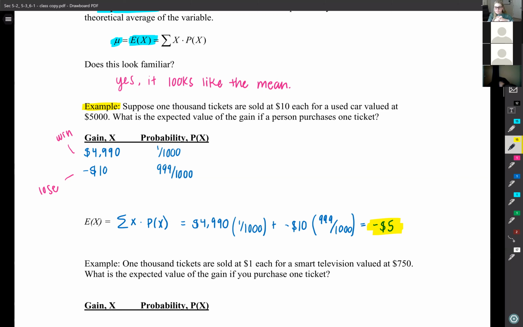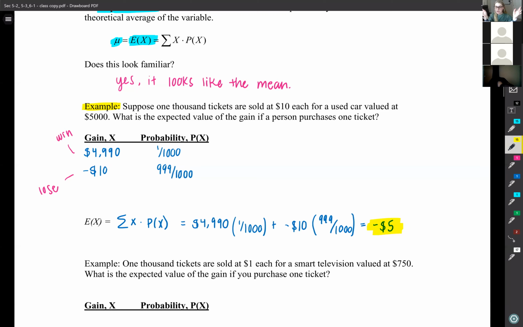Another way of looking at it, which is another way that the book says and which I think is helpful: if you purchased a ticket each week over a long time, your average loss would be about $5 a ticket. Because theoretically, on average, you should win the television set once for every 1,000 tickets you purchased.